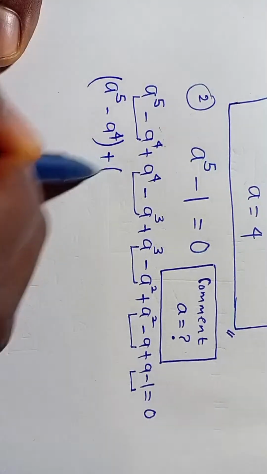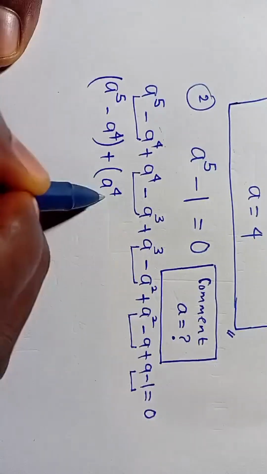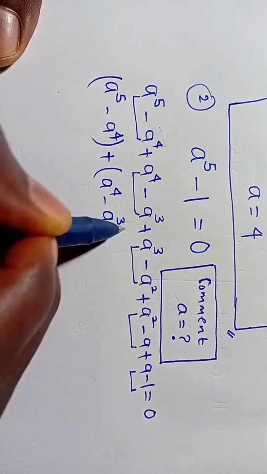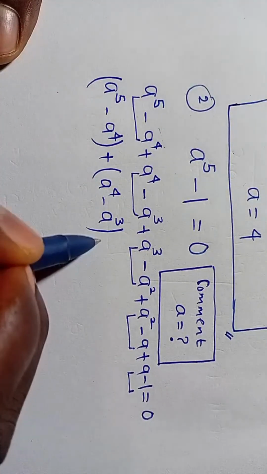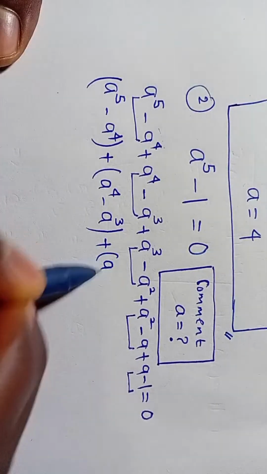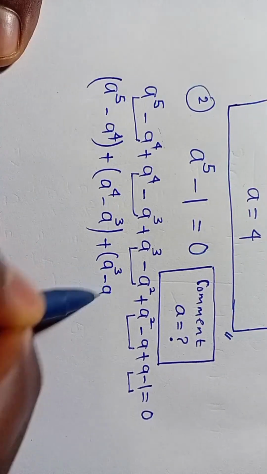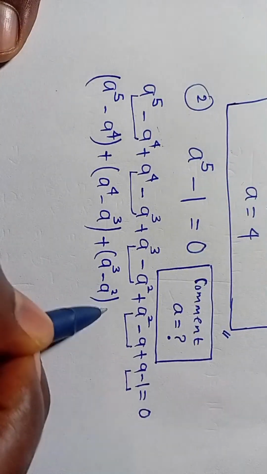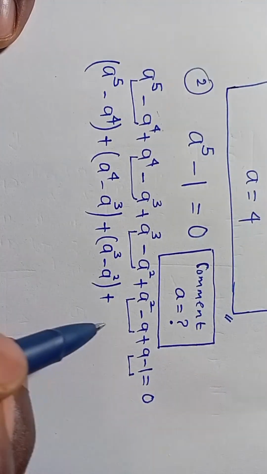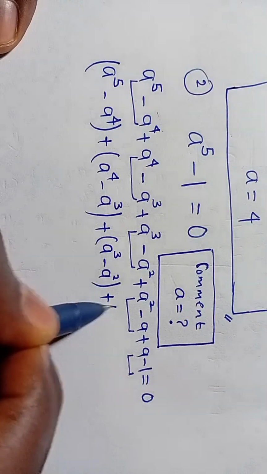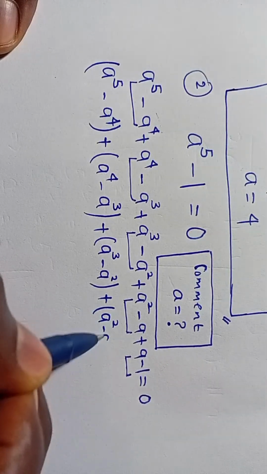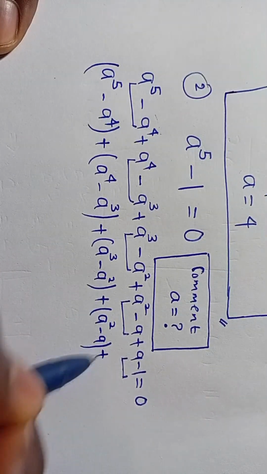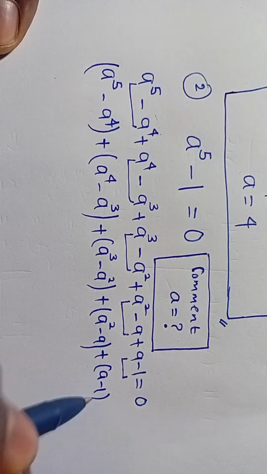Then plus A to the power of 4 minus A to the power of 3. Then plus A to the power of 3 minus A squared. Then from here too, we have A squared minus A. Then we have A minus 1 equals 0.